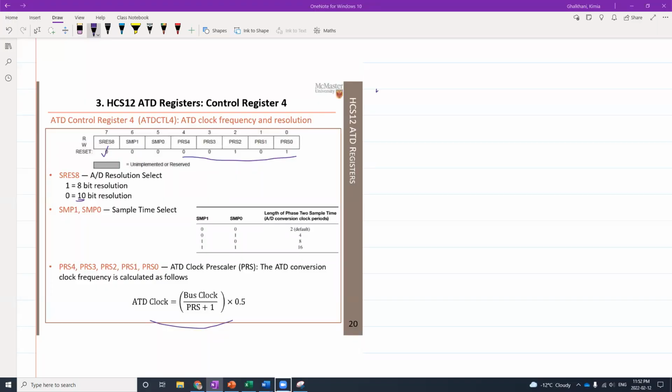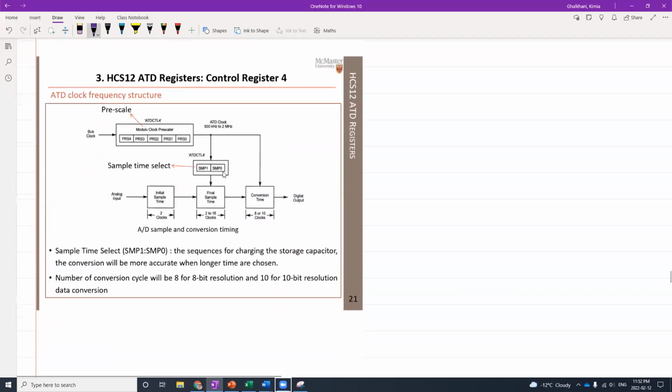So, for example, if I have the bus clock, let's say something like 8 megahertz, then I have to use the prescaler, and this prescaler can be any number. Look at here, we have already cited in the previous slide as well, plus 1 and then times 0.5. So this is how you can calculate the analog to digital clock.